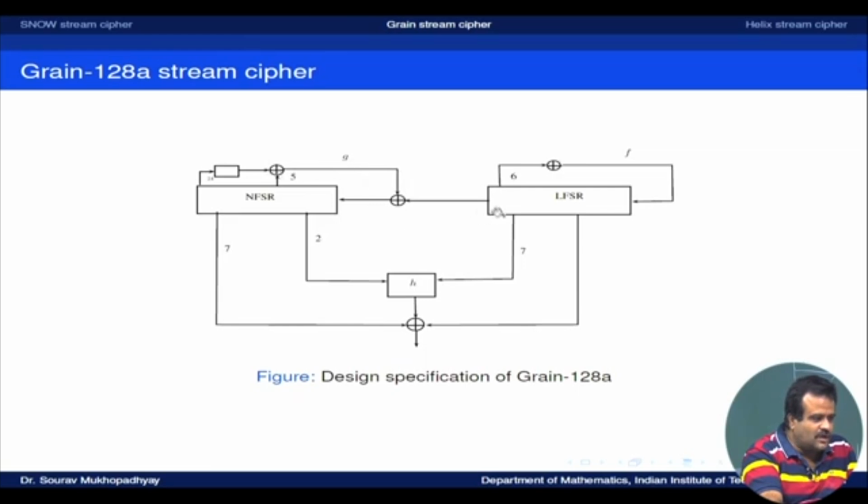We have the G function. We take this output, XOR it with this, and that is how we update the NLFSR. And for H, we take 7 bits from the LFSR and 2 bits from the NLFSR, and then we apply this H, and then this is the 7th bit.